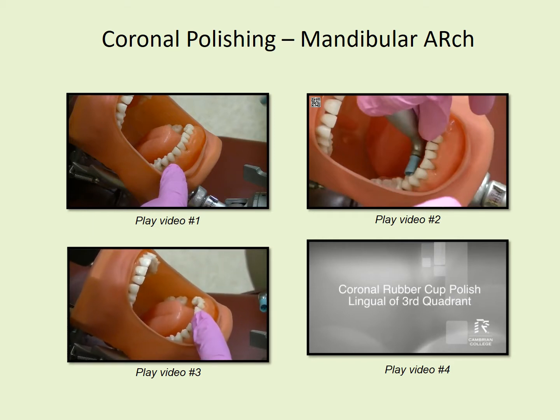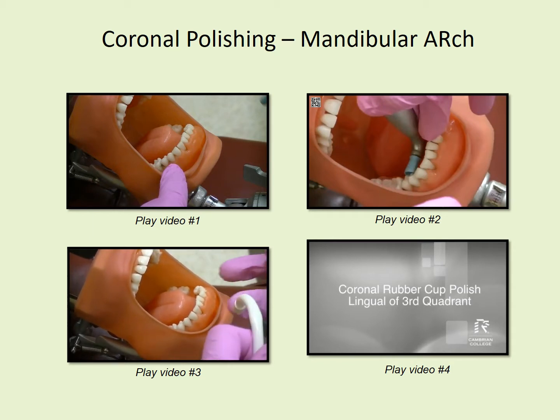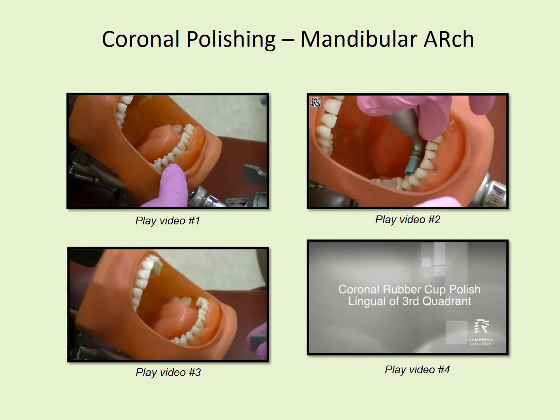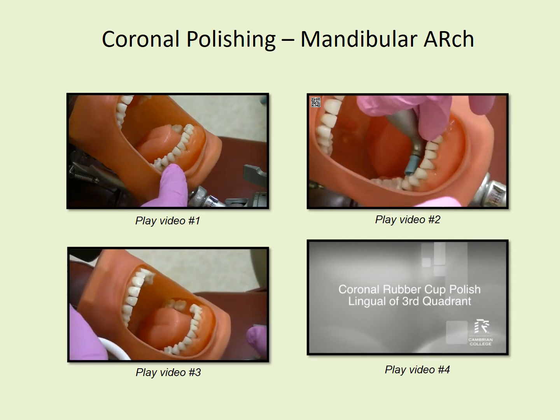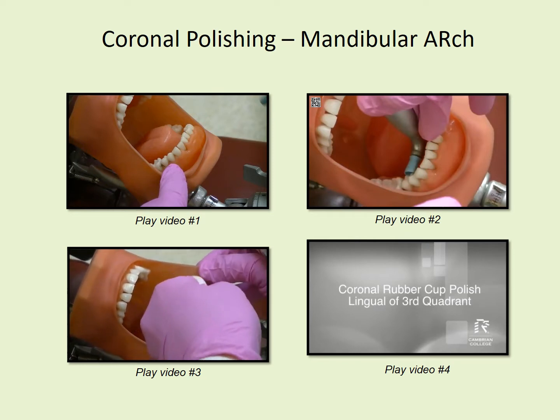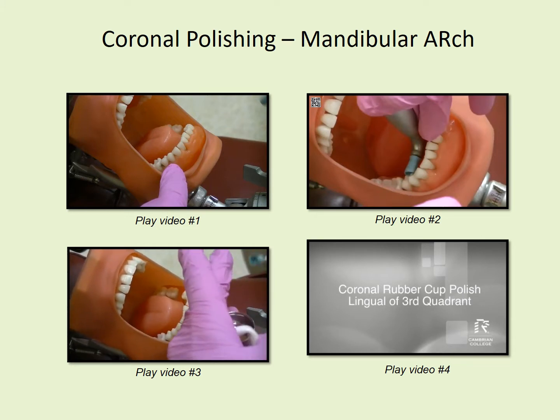Okay, buccal of the third quadrant for polishing. Chin is down, head is slightly towards the operator, the clinician. Use the saliva ejector in the area. Saliva ejector turned off.